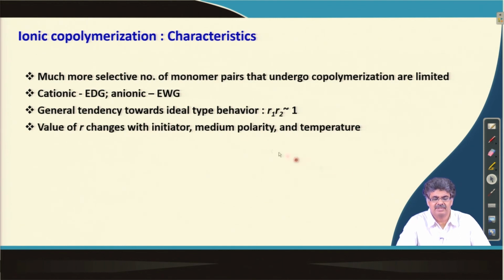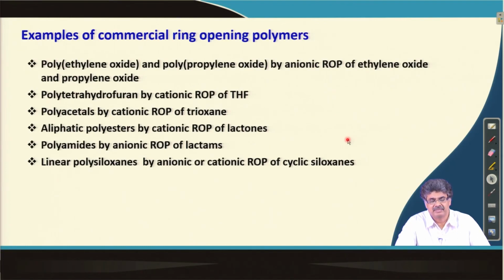For ionic copolymerization, these are much more selective, not very frequently used commercially, and there is a much more limited number of monomer pairs which can be copolymerized. In cationic polymerization electron donating groups and in anionic polymerization electron withdrawing groups are preferred, as we discussed earlier, and the general tendency for ideal behavior is R1 multiplied by R2 equal to 1, and the value of R changes with initiator, medium polarity and temperature.